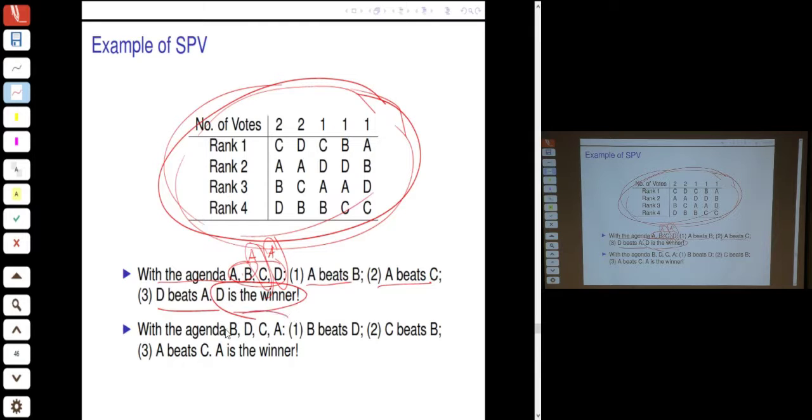Now, let us try with a different agenda, B, D, C, A. First B will contest against D, so B will beat D. So, the winner of the previous list has already lost. As you can already see, there is something going on here.